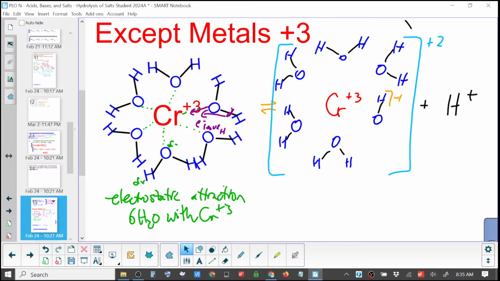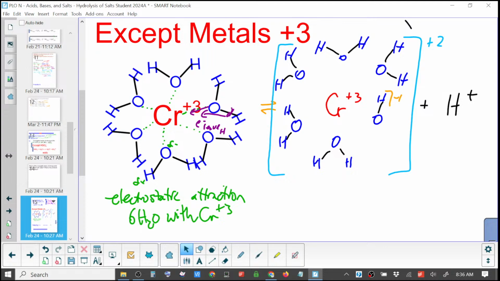Wait, why does it lose the hydrogen? Because the +3 is so strong, so attractive, that it's pulling it through. So is it the Cr +3 that's so strong it pulls the H+?